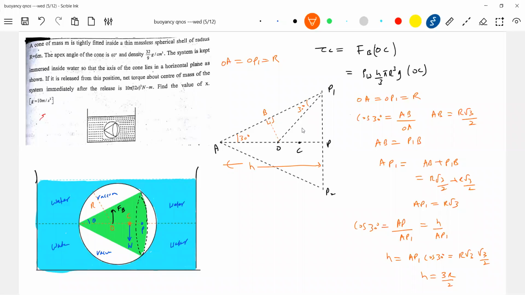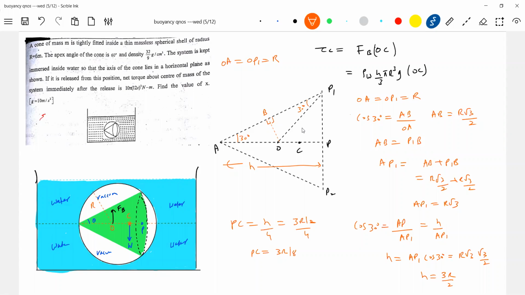If you know the height of the cone, can we calculate now the distance PC? PC will be h by 4, no? If you know PC, can we calculate OC? See, finally, our target was to get OC, that's all.